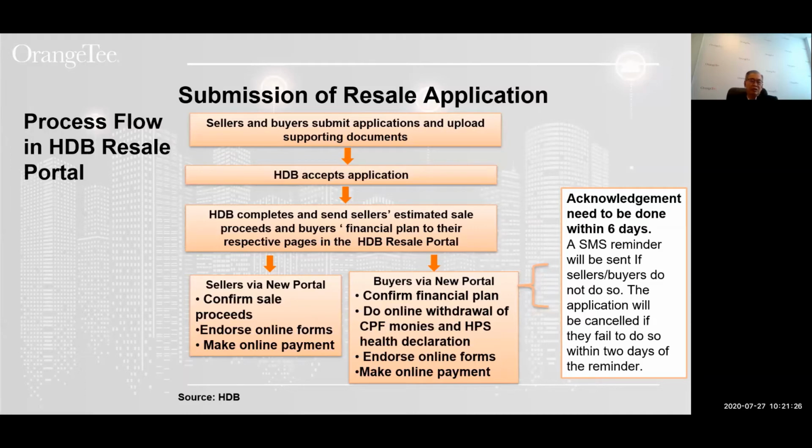If they have a will, they become the executor. If they don't have a will, they become the administrator. Make sure the administrator and executor is registered in HDB. Your lawyer is supposed to send this information to the HDB branch office to update the data. If not, you can go to the branch office and update your data before you can do the intent to sell, intent to buy, whichever.